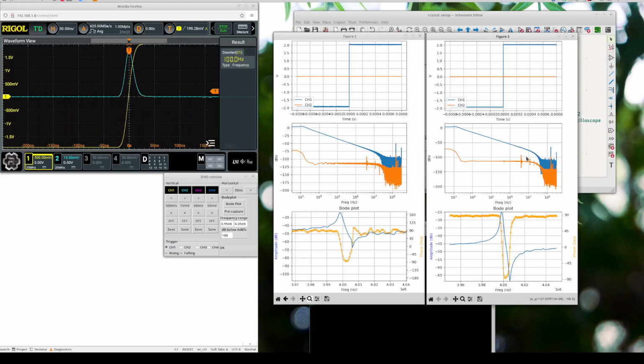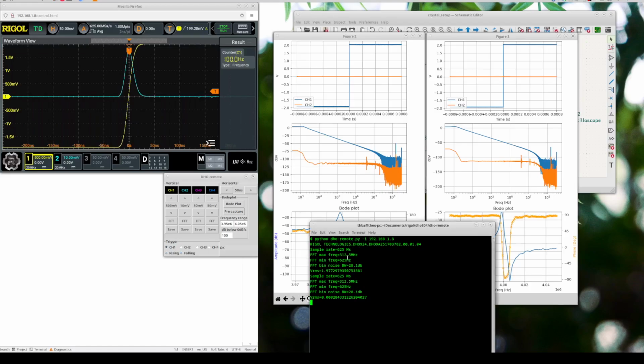The resolution is actually not determined by my generator. The frequency that I apply is a square wave signal of 100 hertz. But my memory depth and my sample rate are such that I only capture this region. So it is 0.8 millisecond to 0.8 millisecond.